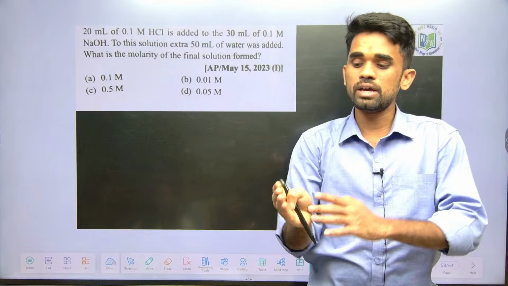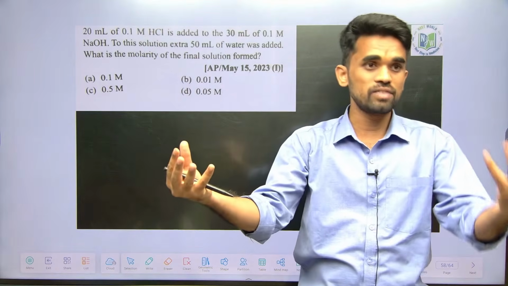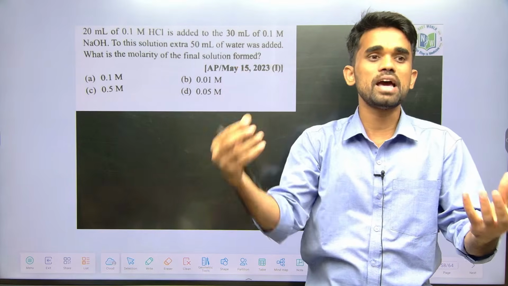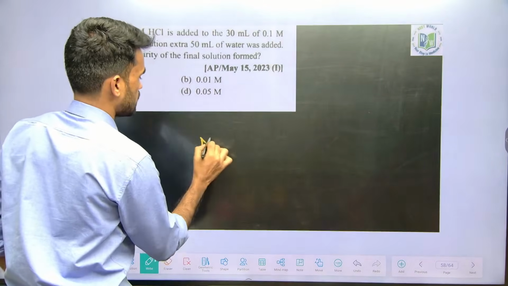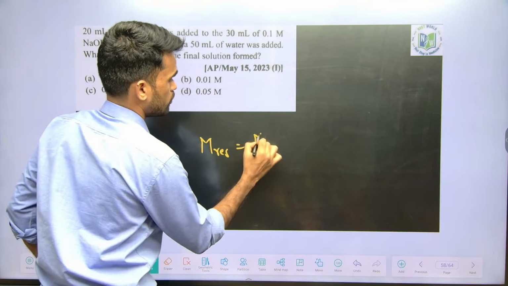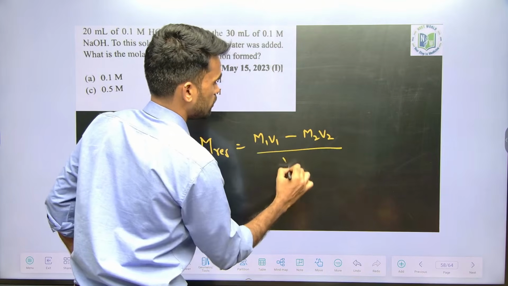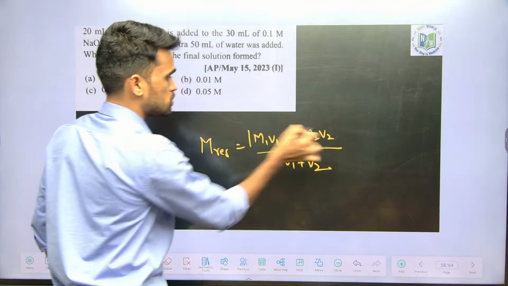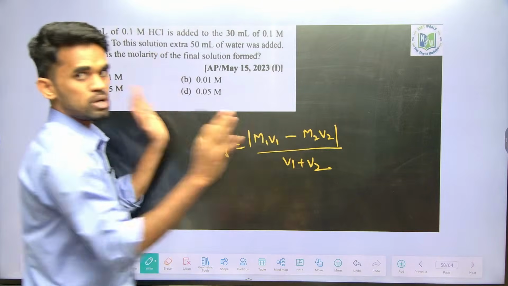If both are bases, also the same. But if one is acid, another one is base, you should subtract, because what happens? Acid base neutralization. So M resultant becomes M1 V1 minus M2 V2 by V1 plus V2. This is fixed, V1 plus V2. So you just put mod over here, so that whatever the answer you get will be a positive value.